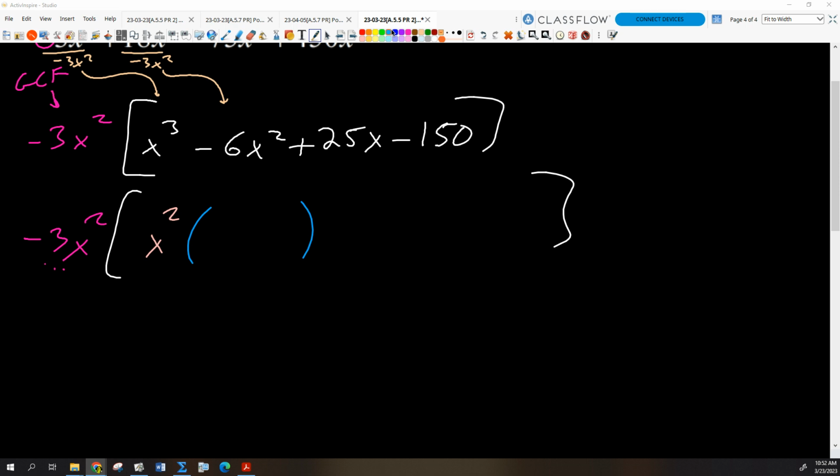What if I undistribute an x squared from those two, what am I going to get? X squared times what is going to be x cubed? X, good. And then minus x squared times what is negative 6x squared? Yeah, 6. Good, so x minus 6. Good? Okay, good. Owen, what happens next?